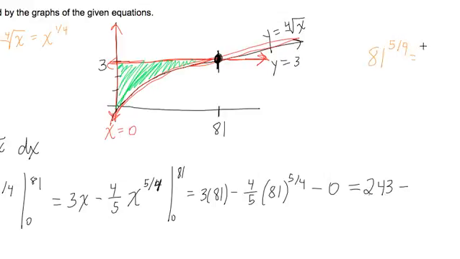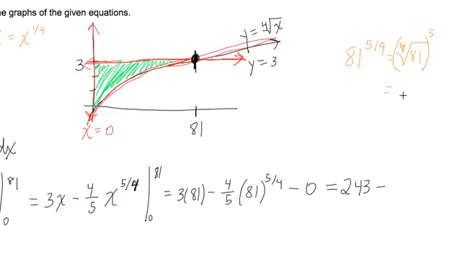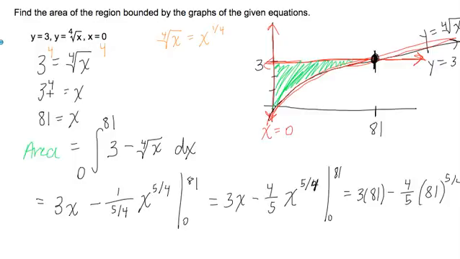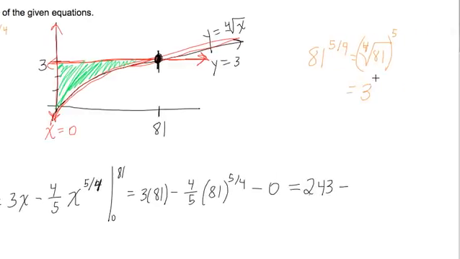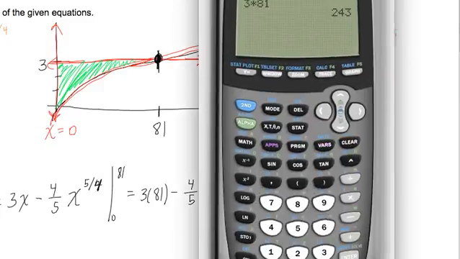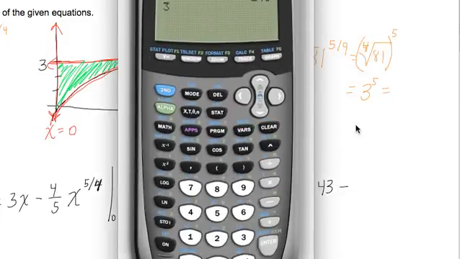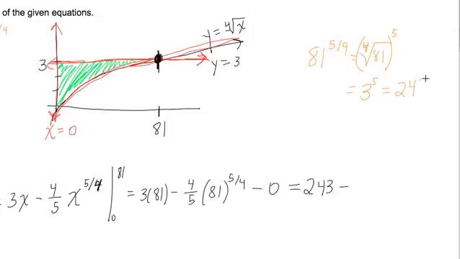That means the fourth root of 81, all to the 5th. The fourth root of 81 is 3. The reason we got 81 in the first place was by raising 3 to the fourth power. So the fourth root of 81 is 3, so it's 3 to the 5th. 3 to the power of 5 is also 243.